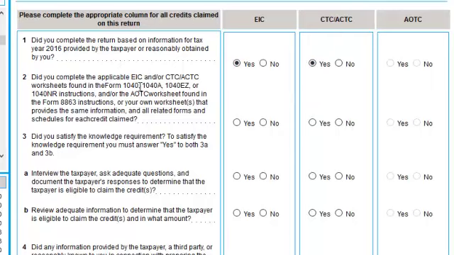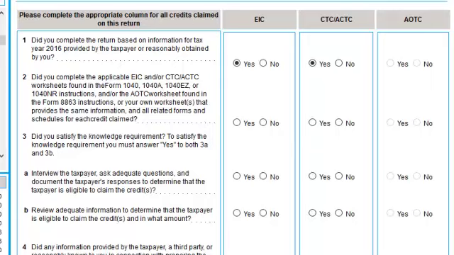Did you complete the applicable EIC and CTC worksheets found in the form 1040, 1040A, 1040EZ, or the 1040NR instructions? Worksheets found in Form 8863, which is a school form, or your own worksheets that provide the same information on all related forms and schedules for each credit claimed.